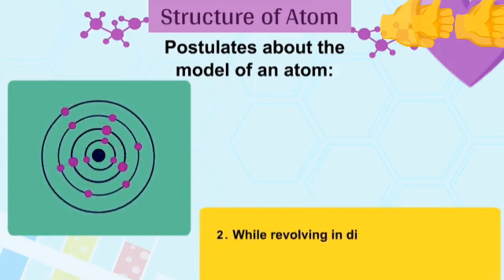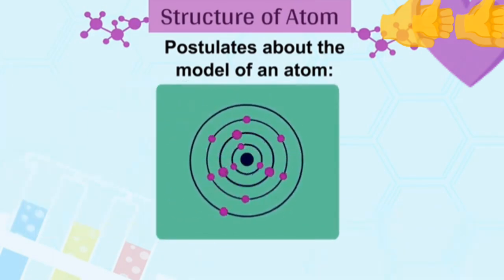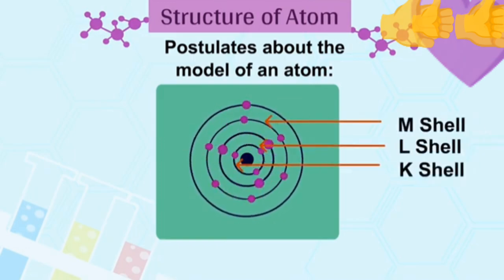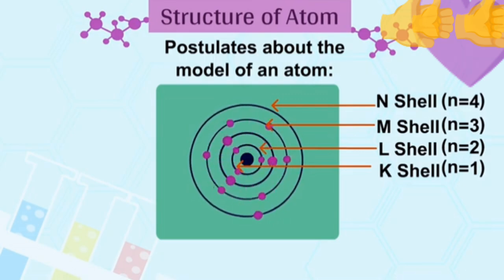While revolving in discrete orbits, the electrons do not radiate energy. These orbits or shells are represented by the letters K, L, M, N, or the numbers n equal to 1, 2, 3, 4, and so on.